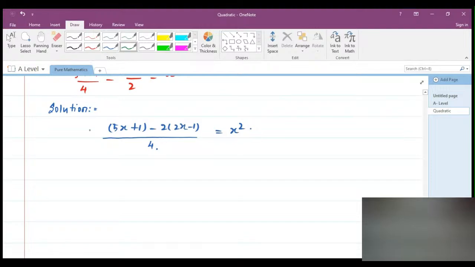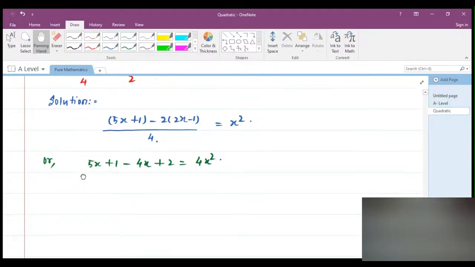So here the next step will be 5x plus 1 minus 4x plus 2, and when 4 moves to the right hand side, then we get here 4x square. There is no problem to understand up to this step.